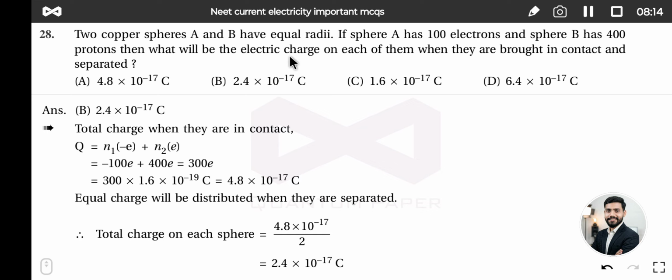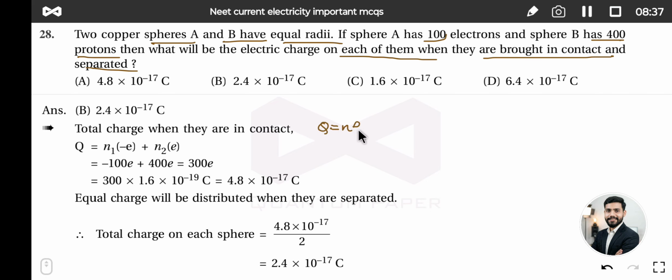The next question is, two copper spheres A and B have equal radii. If sphere A has 100 electrons and sphere B has 400 protons, then what will be the electric charge on each of them when they are brought in contact and then separated? Okay, so let's find out first of all the total charge. So Q is equal to Ne, that is our basic formula.